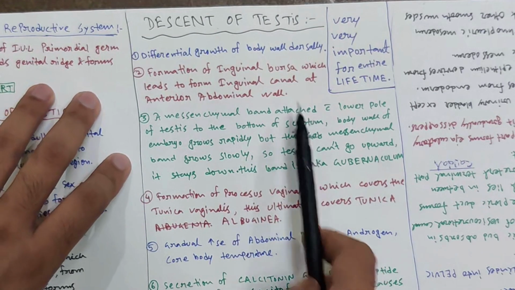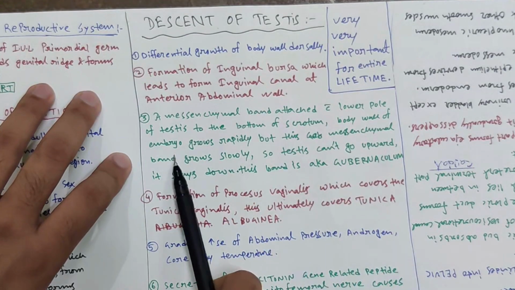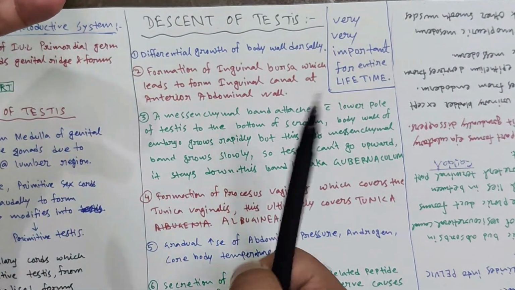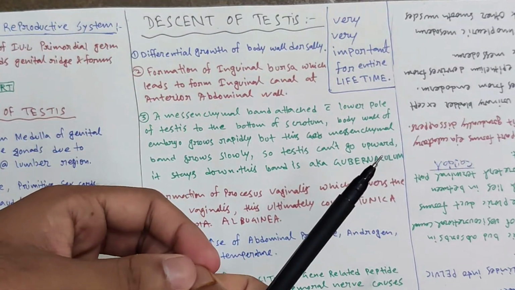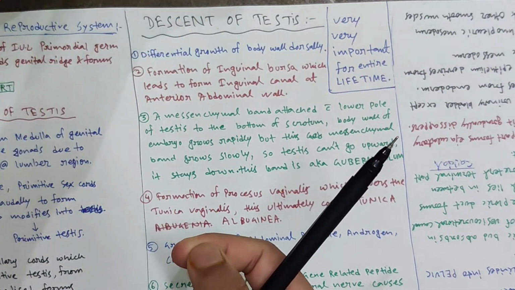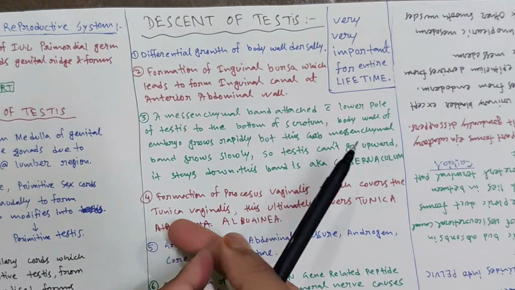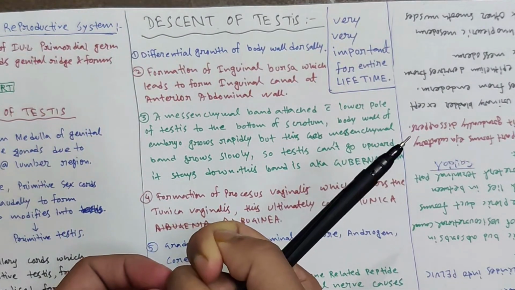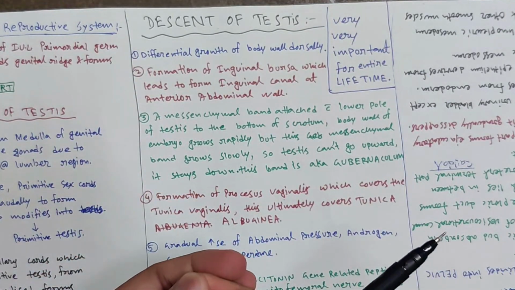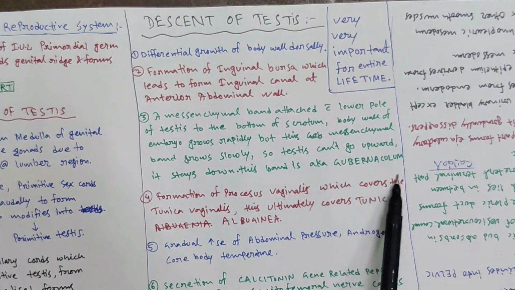Now, due to the differential growth of the body, what happens? The embryo grows rapidly upward, but the mesenchymal band grows slowly. The body wall grows cranially, it goes upward, but due to the attachment of this mesenchymal band to the lower pole, it holds the testis in the same position, and due to the slow growth, it remains downward. So this mesenchymal band is also known as the gubernaculum.